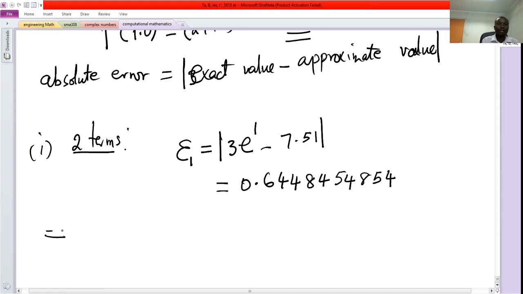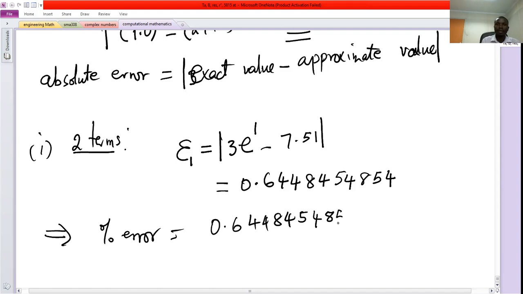And then the percentage error in this calculation would be 0.6448454854 divided by the exact value 3 e raised power 1 times 100%.